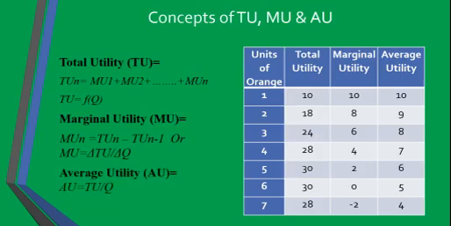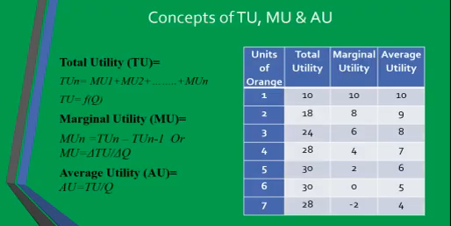The third concept is average utility. The satisfaction obtained by a consumer from each unit of a commodity consumed is called average utility. It is also defined as total utility divided by the units of the commodity consumed. Therefore, we can understand these three concepts by a chart.